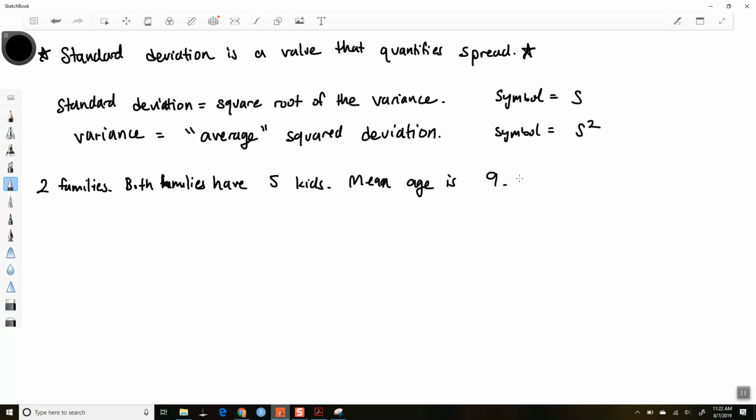All right. And so the question is, do their lives look similar? Well, the important aspect that we're missing is the standard deviation.